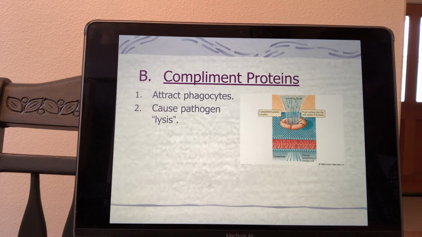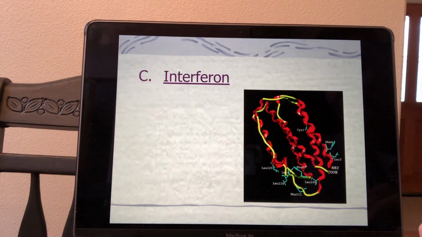Some of these proteins can actually go straight through a pathogen and cause death by lysis, which is death by stabbing. So it's kind of a win-win situation. It can stab and kill some of these pathogens, and at the same time, it can cause white blood cell phagocytes to come so that they can swallow them up by phagocytosis. So complement proteins are just one chemical that cells can use to ask for help or cry out for help.